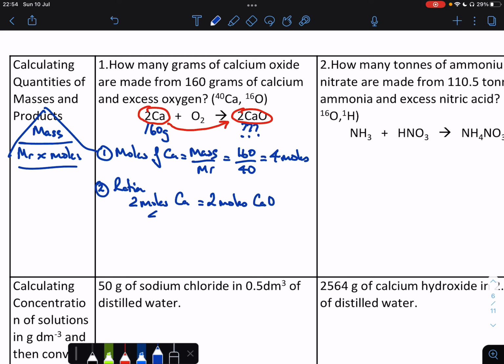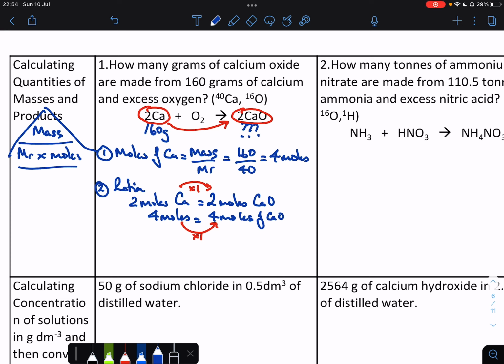We've just worked out that we've got 4 moles of this. So what I want to do is know how much of this I will get. Well, 2 to 2 is a 1-to-1 ratio, so we times it by 1. Therefore, we will have 4 moles of CaO.